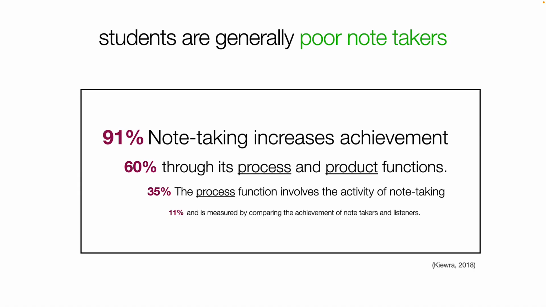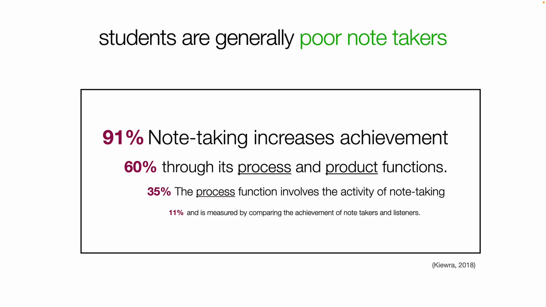Let's say a student is taking notes on a lesson on note taking. A first level idea, such as note taking increases achievement, is very likely to make it into the notes. A subordinate idea from that is that this occurs through the process and product functions of note taking. Then, one level down, we have a clarifying detail specifically about the process function, and that is that it involves the activity or act of note taking.